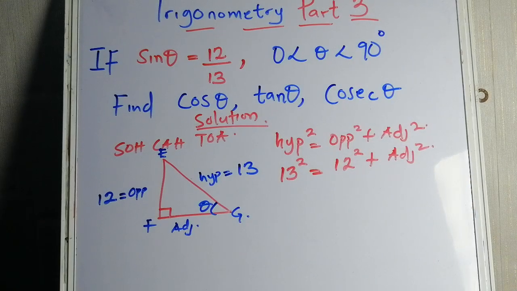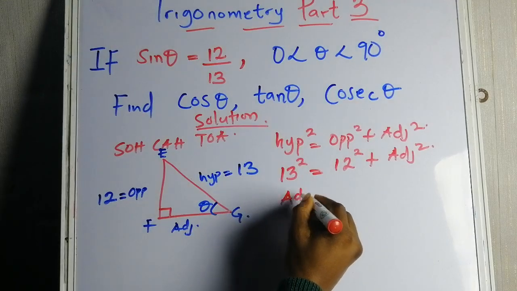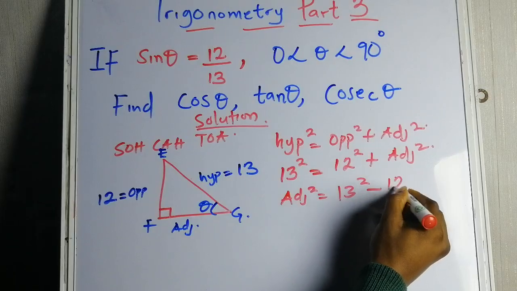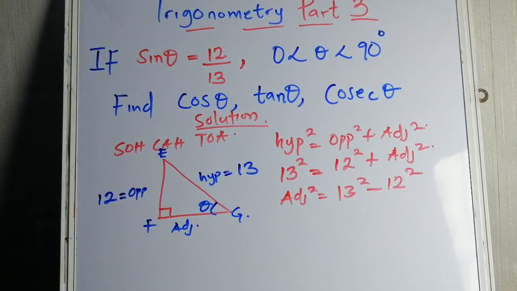Because I'm looking for my adjacent, I need to bring 12 to the other side, or make adjacent the subject of the formula. The subject of the formula means letting it stand alone. So adjacent square equals 13 square minus 12 square.